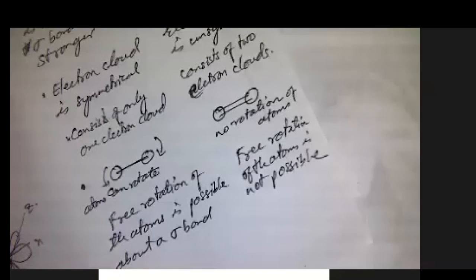Valence bond theory is this much only. We'll see what happens next day with this theory. There are some changes which have to be made. So what are they? We'll see next day. So the first theory which you have done is valence bond theory. You have come to know about a sigma bond and a pi bond. Clear? So any problem, then let me know.